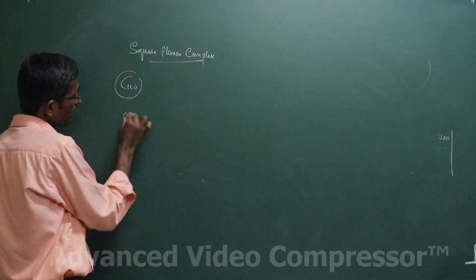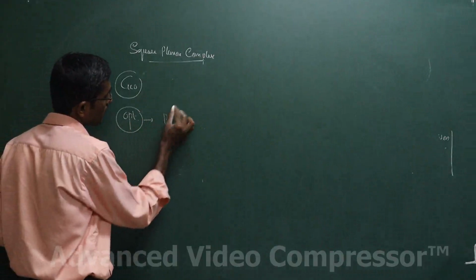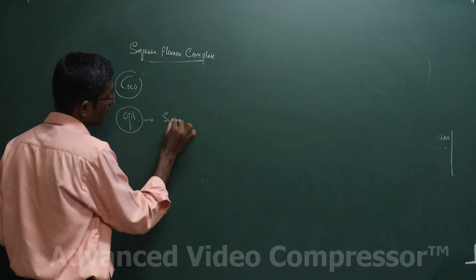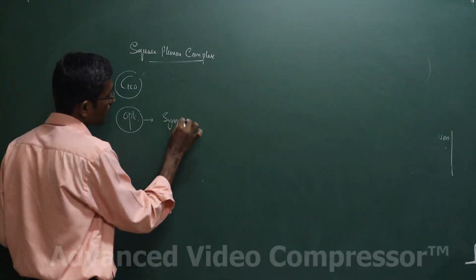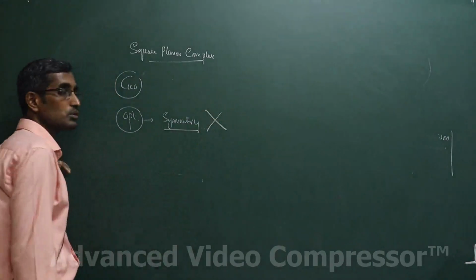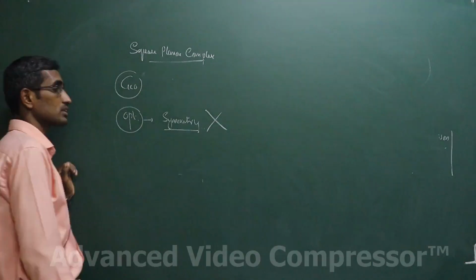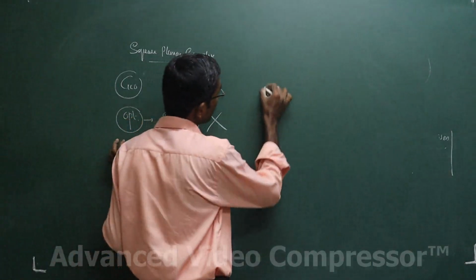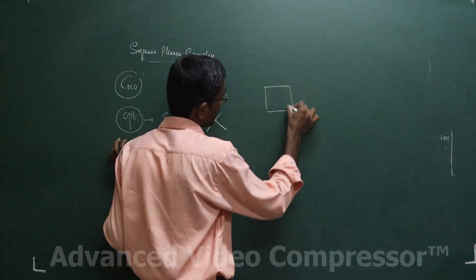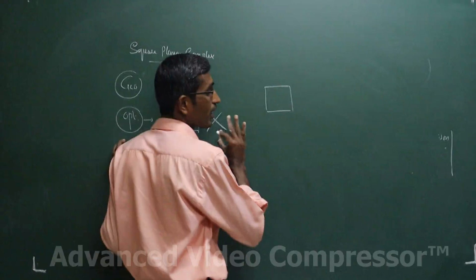As far as optical isomerism is considered, students, there should not be any symmetry, either center of symmetry or plane of symmetry. The system should not show symmetry. Now if you consider the square planar complex, there is a plane of symmetry, because it is square planar.